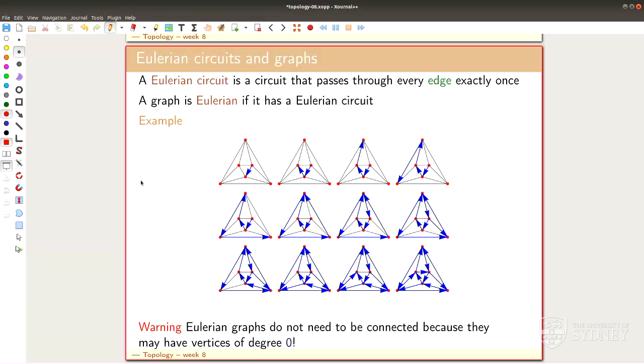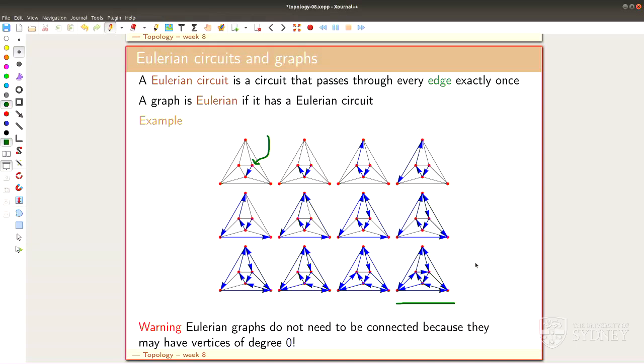So we start at this vertex, and we want to go back to that vertex by moving around and visiting every edge exactly once. And here's, for example, a solution to that problem. We move first a little bit along the triangle, and then we go around this triangle, and eventually we end up with a complete round tour that visits every edge exactly once.